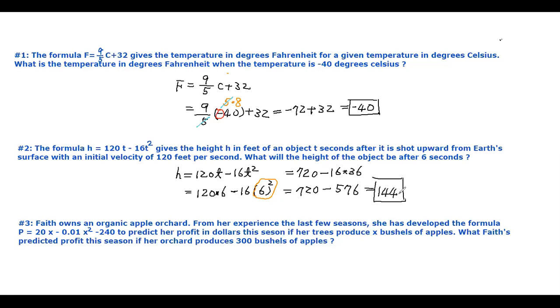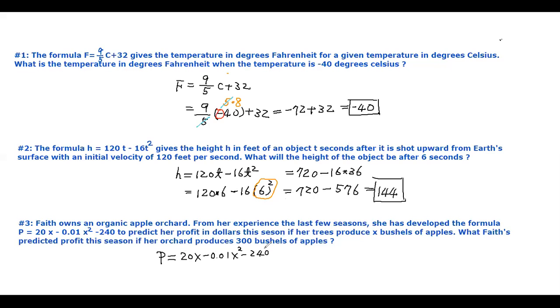So now we want to find Faith's predicted profit for the season if her orchard produces 300 bushels of apples. So that means basically, P is equal to 20x minus 0.01x squared minus 240, right?